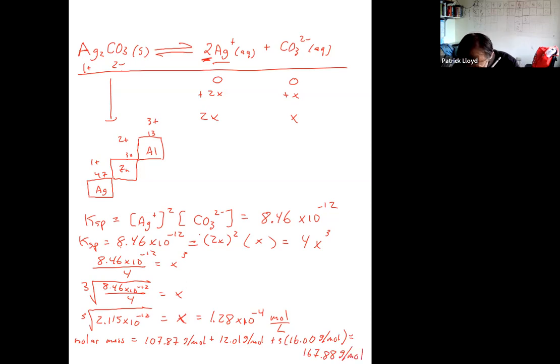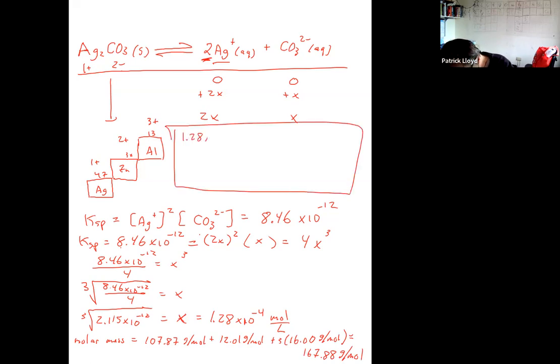If we take our value in moles per liter, 1.28 times 10 to the negative 4 moles per liter, and multiply it by 167.88 grams per mole, that will cancel the moles and we'll get grams per liter.